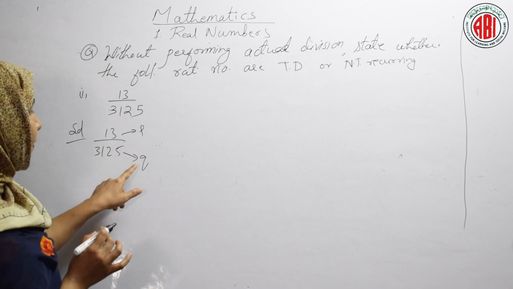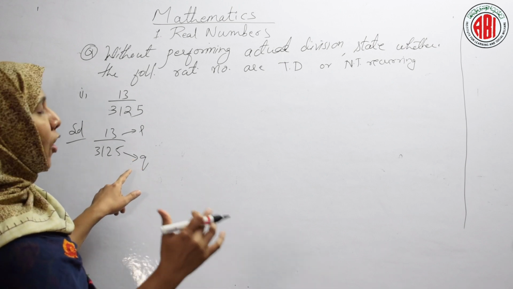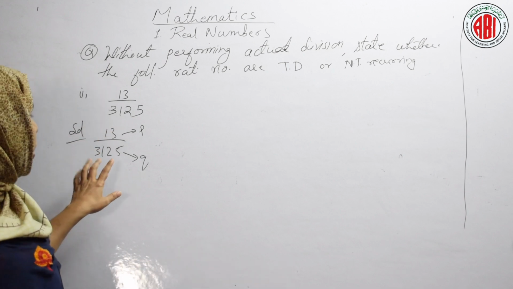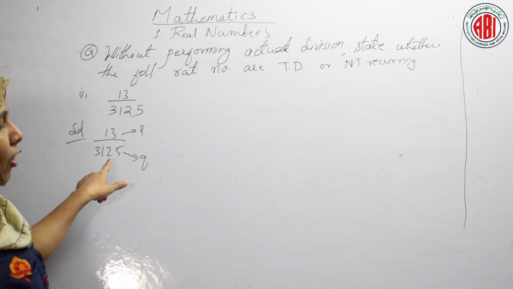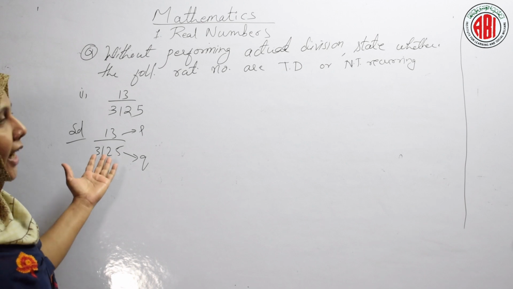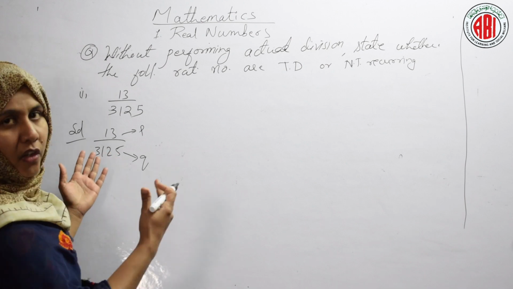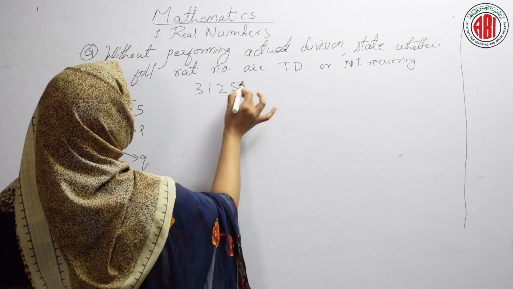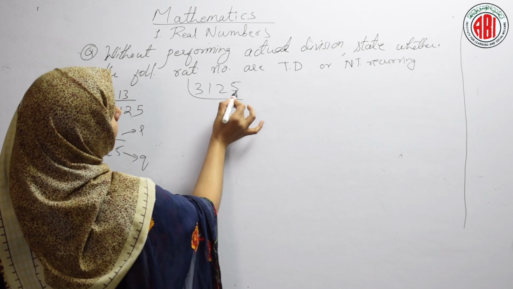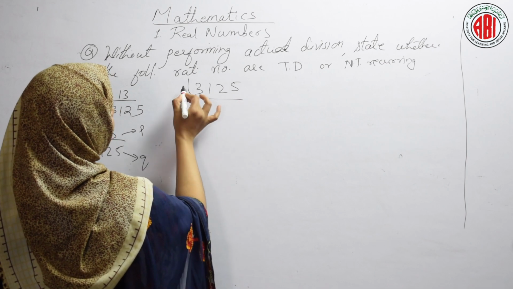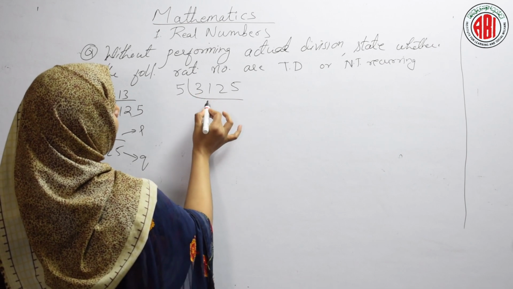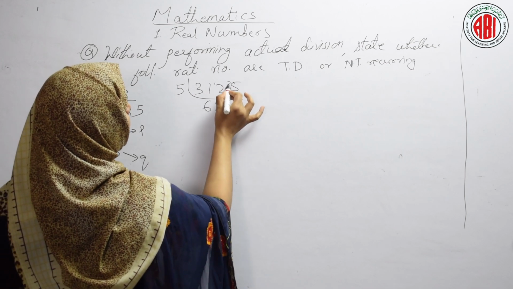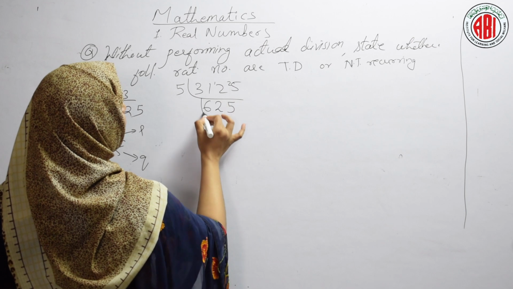As I told you, the factors of q should come in the form of 2 power n into 5 power m, then only it is a terminating decimal. So let us factorize 3125 to find the factors, using the prime factorization method. Because the last digit is 5, divide by 5: 5 6s are 30, 12 is there, 5 2s are 10, 2 is there, 5 5s are 25.